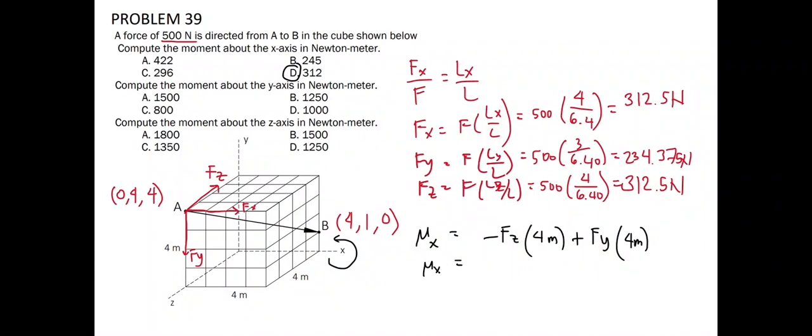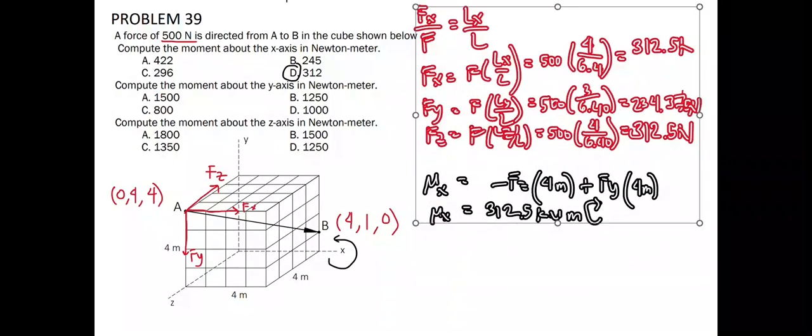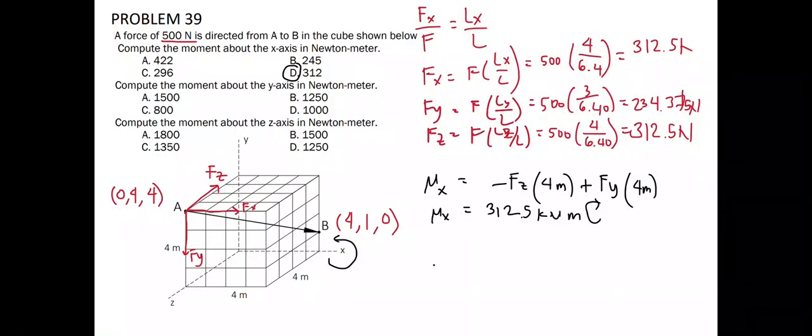So now that we have solved Mx equal to 312.5 newton meter going clockwise, we can proceed to solve for the other remaining moments. For My, the moment about the y-axis, considering counterclockwise to be positive, only the x-component of the force could induce a moment about the y-axis, so we have Fx times the moment arm distance of 4 meters.